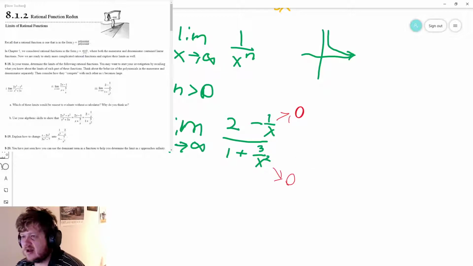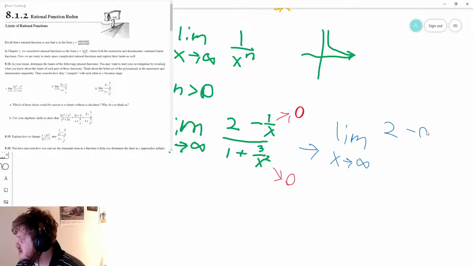Then we end up rewriting our limit as the limit as x approaches infinity of 2 minus 0 over 1 plus 0, which means our limit is just 2.